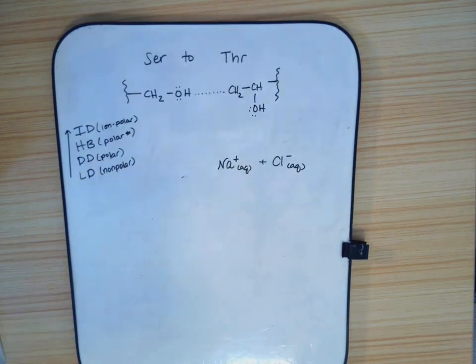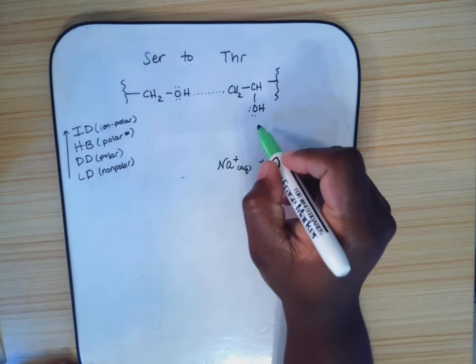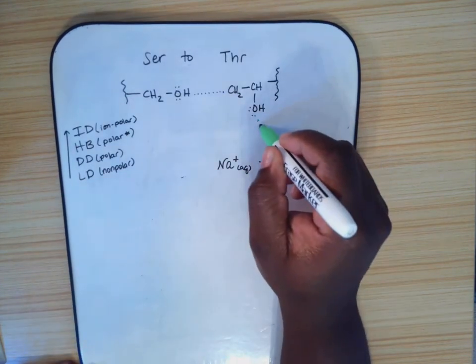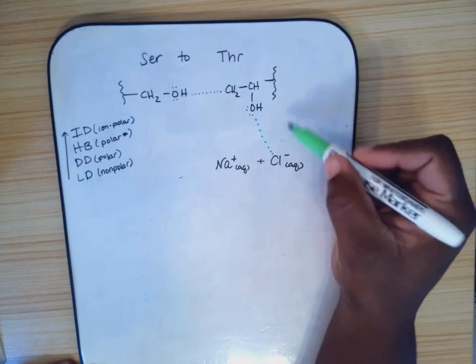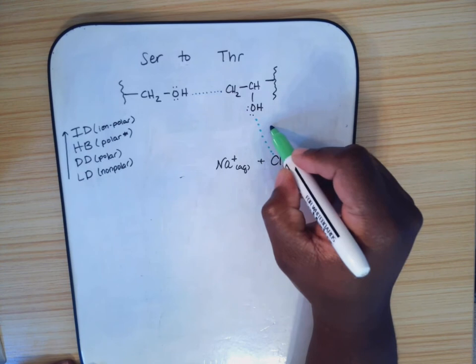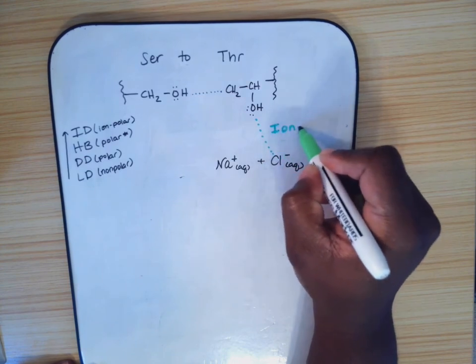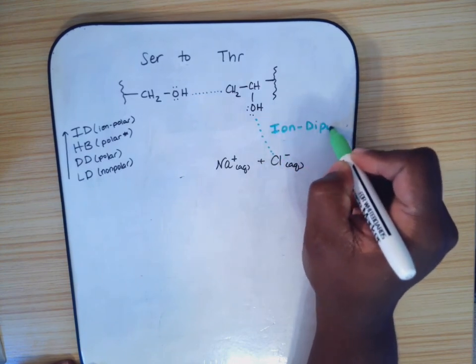Serine and threonine, when they're by themselves, are going to form that strong hydrogen bond. However, with the addition of these ions, you now have competition, because you can form an even stronger attraction between this polar substance and this ion. You can then form that ion dipole attraction.